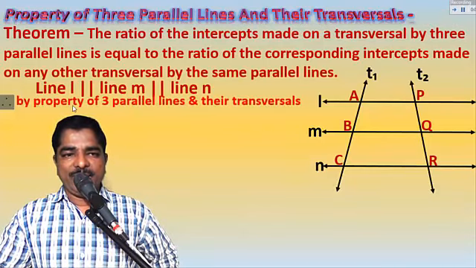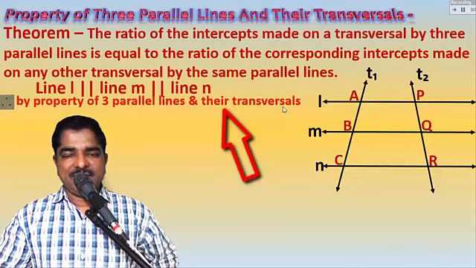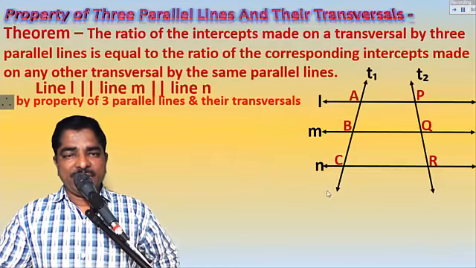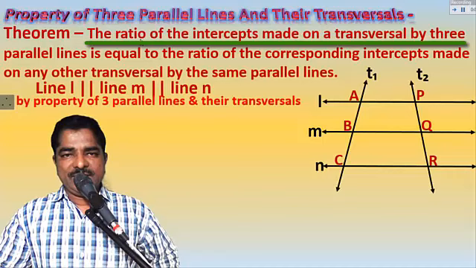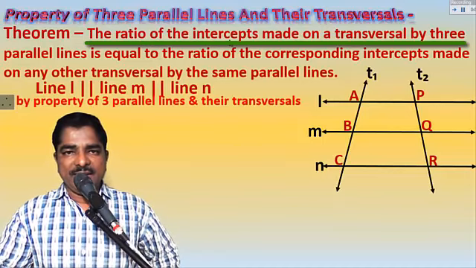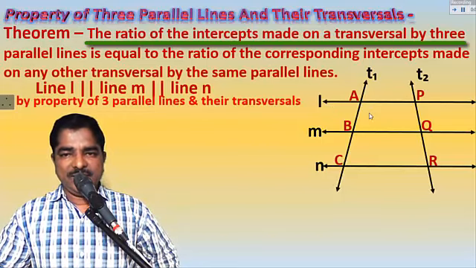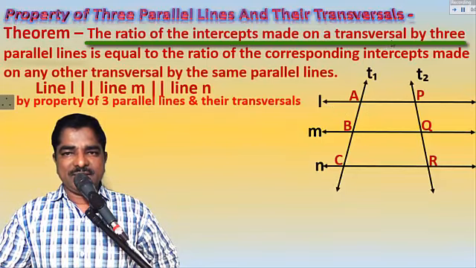Therefore, by the property of three parallel lines and their transversals, we write the ratio. Ratio means division of the intercepts. Intercepts are made on a transversal by three parallel lines.